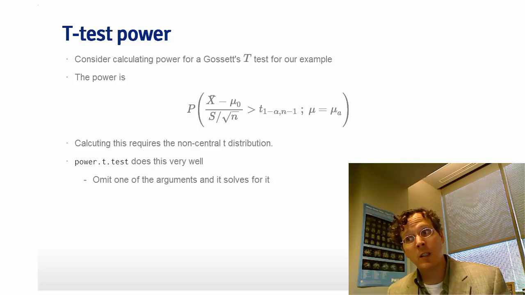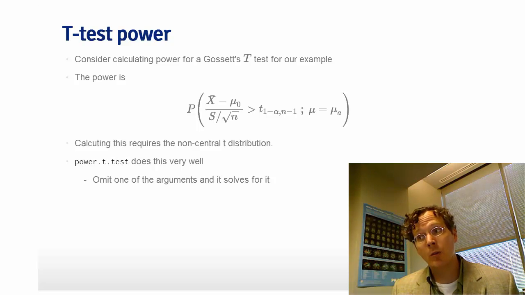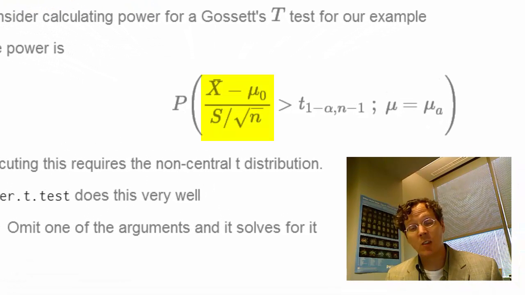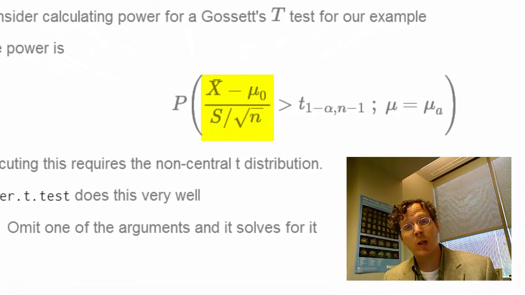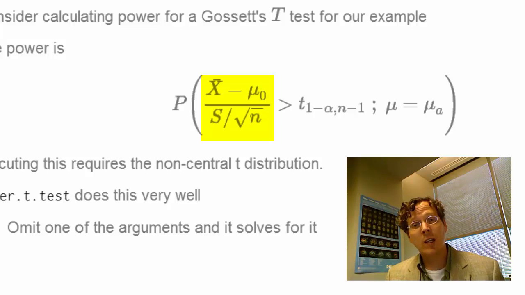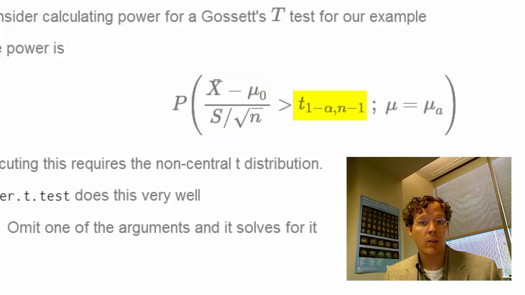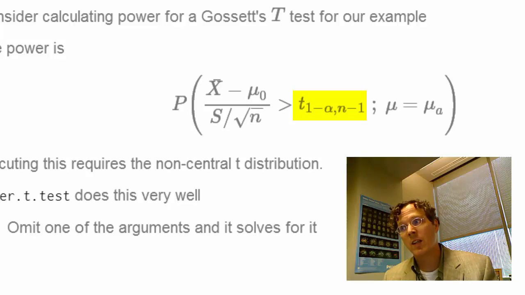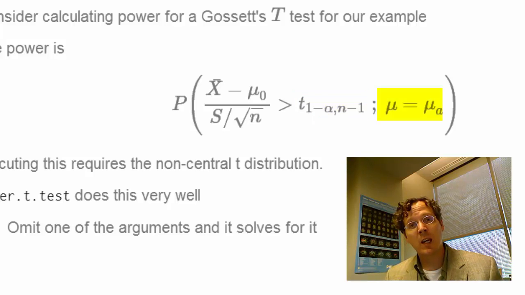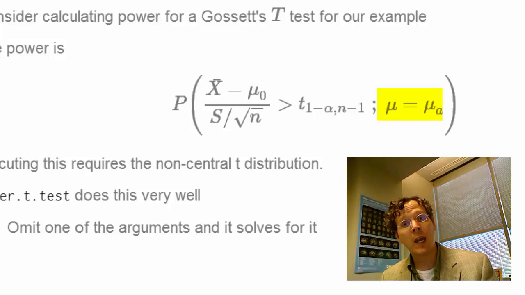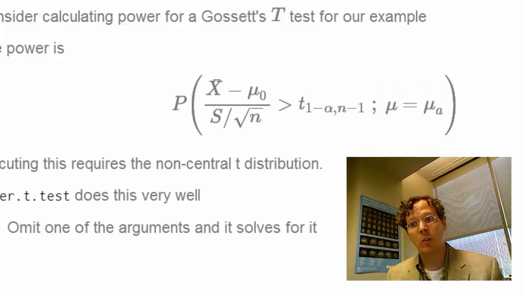The argument is very similar to what we did in our normal distribution case. We're going to reject if our test statistic, in this case x bar minus mu naught over the estimated standard error, is now bigger than a t quantile rather than a z quantile because we're talking about a t-test. Only because we're talking about power, this is going to be calculated not under the hypothesis that mu equal to mu naught, but under the hypothesis that mu equal to mu a, the value under the alternative.